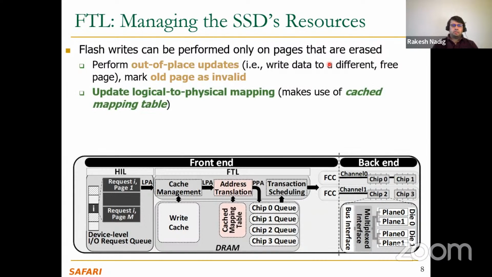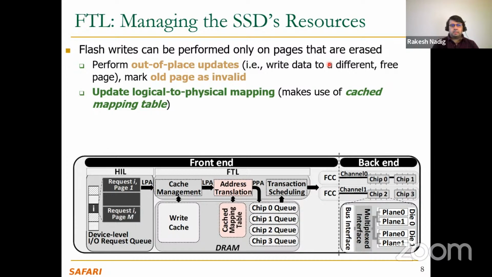To achieve this, we have a mapping table which translates the logical addresses to physical addresses, and this mapping table helps in maintaining the current location of the data which is mapped to a logical address. This mapping table is very critical to the performance of the SSD, or even to make the SSD functional.